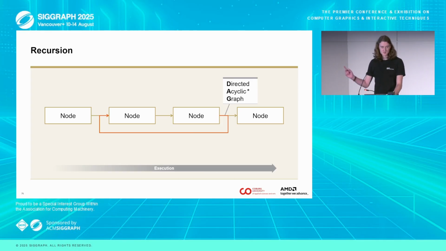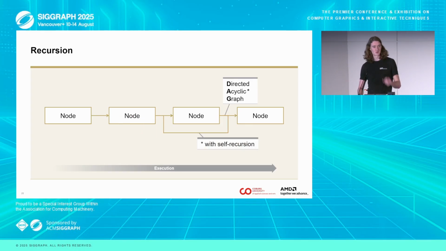However, there is a small star with the acyclic, and that's self-recursion, where one node calls itself, which is allowed. Obviously, that dramatically increases what you can do with a work graph, because with this recursion, you also have the option to add amplification to it, because every time the node recurses, it can send not just a single record, but multiple records.